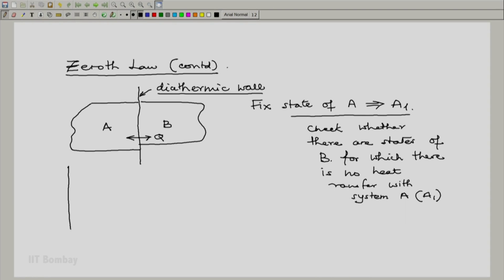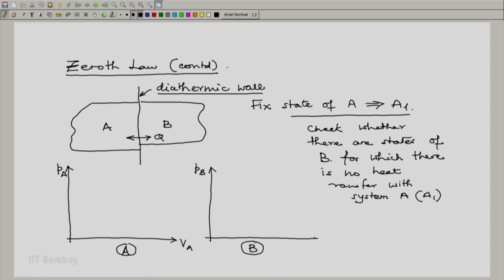Let us sketch simple state spaces for the two systems. This is the state space of system A, this is the state space of system B. Let us say, if both are fluid systems, pressure volumes are appropriate, PA, VA, PB, VB.